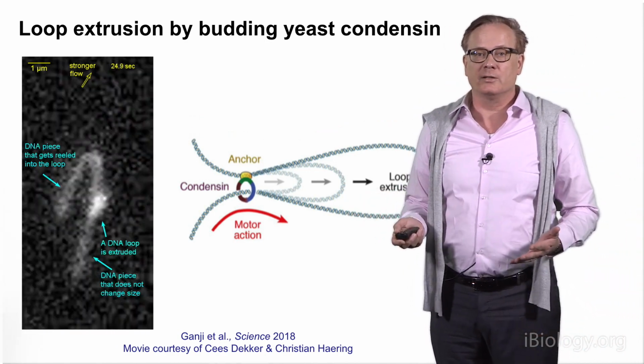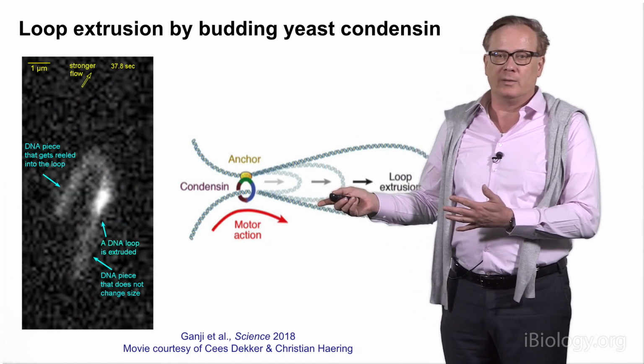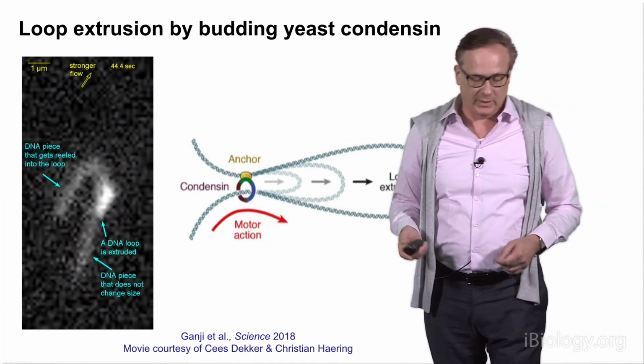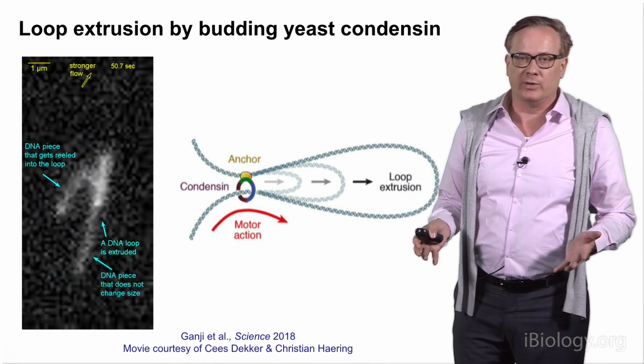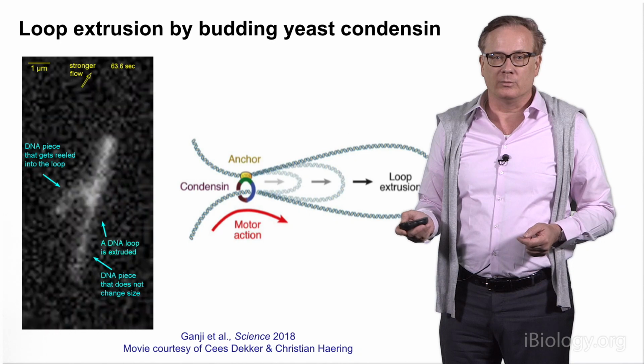Now, such an activity has not been seen for cohesin yet, but this result clearly illustrates that members of the SMC family must have activities that are able to form DNA loops.